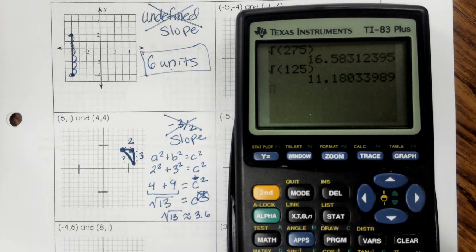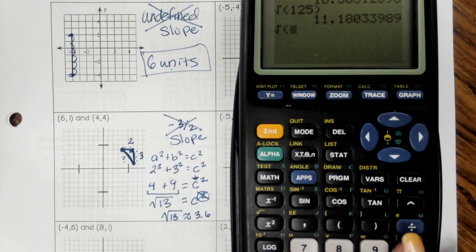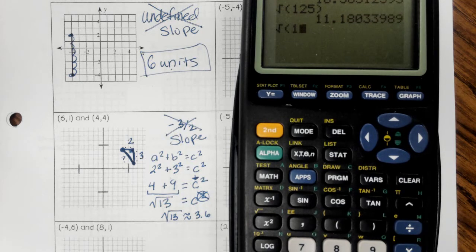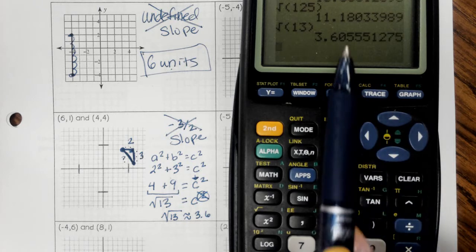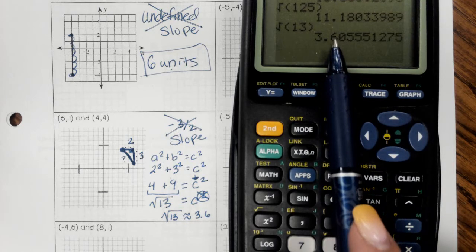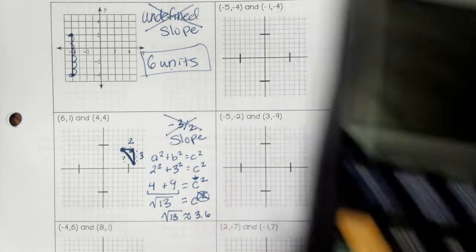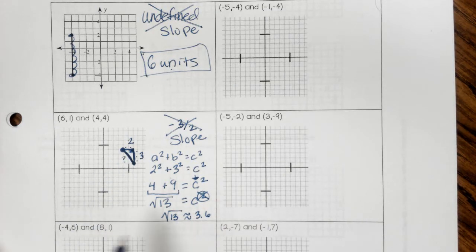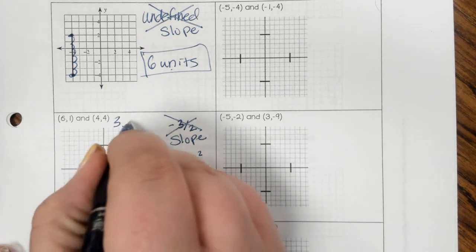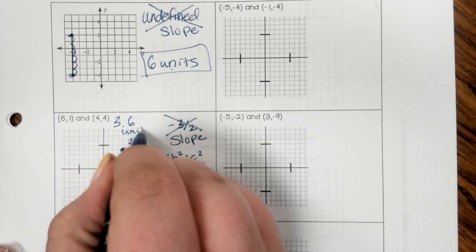If you're using a TI-84, it's a blue button. X squared, we want to know the square root of 13. 3.60. I'm going to round to the nearest tenths, so that 6 will stay as a 6. This means that the distance here is about 3.6 units.